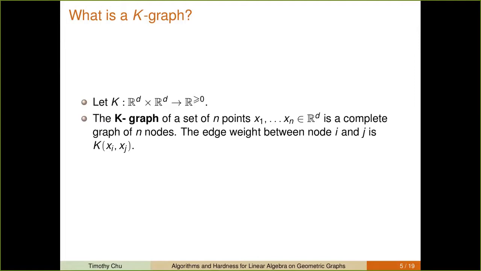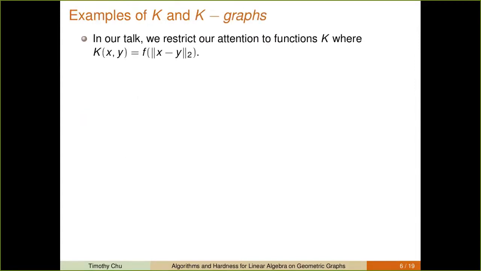And you define the edge weight between node i and j to be k applied to xi, comma, xj. In our talk, we're going to restrict our attention to functions k that are a function of the Euclidean distance. That went a little quickly, so to summarize, we're trying to find fast algorithms on k-graphs, where k-graphs are defined by taking a complete graph on n points in d dimensions, and setting the edge weight to be a function of the Euclidean distance of their endpoints.